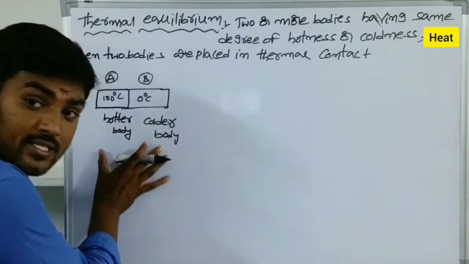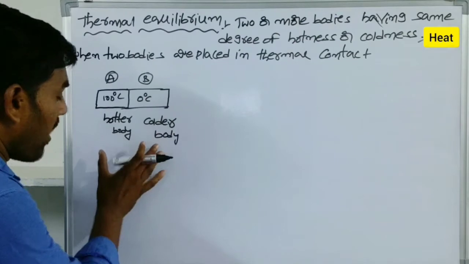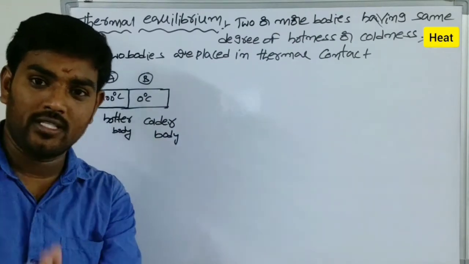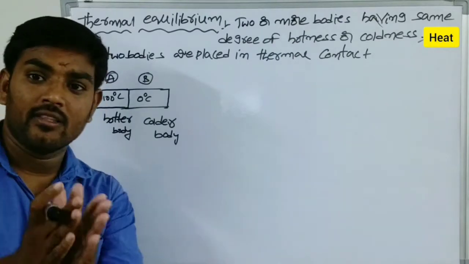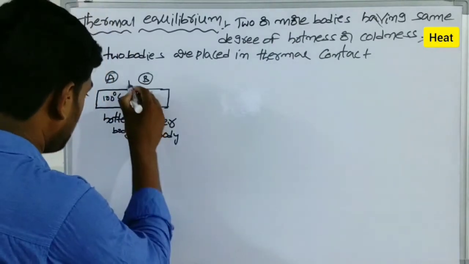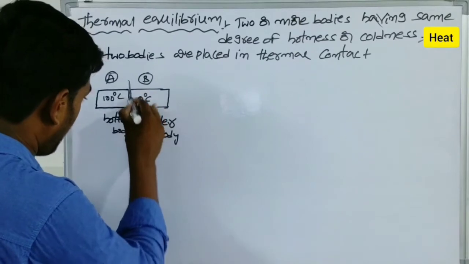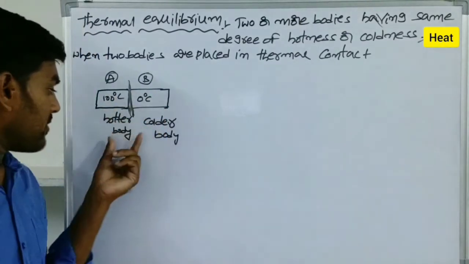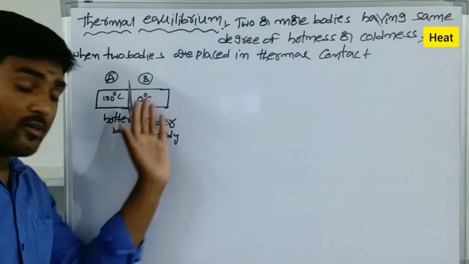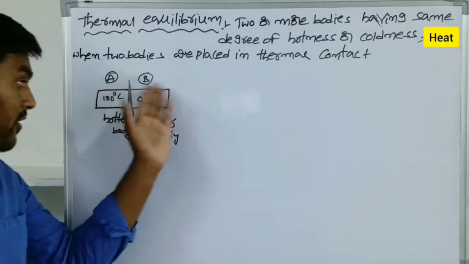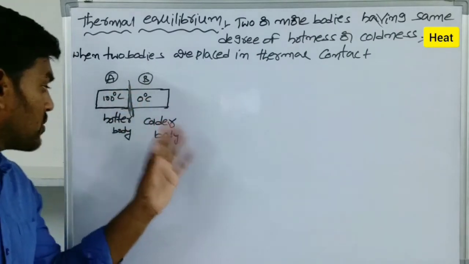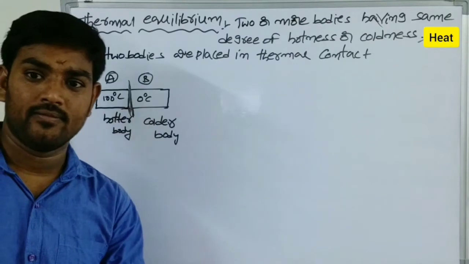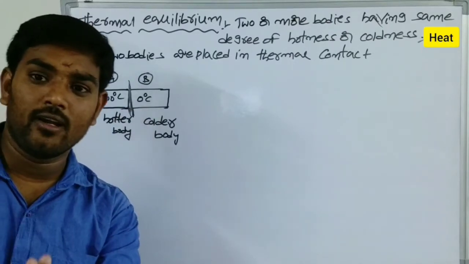These two bodies are touching each other. This means they are in thermal contact. So take two bodies, one hotter and another colder, this is A, this is B. These two bodies are touching each other, which means they are in thermal contact.